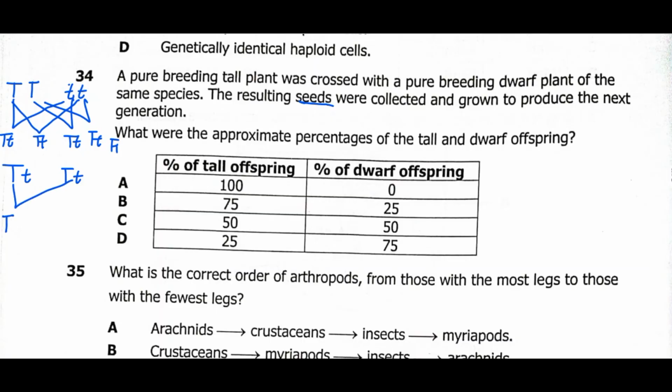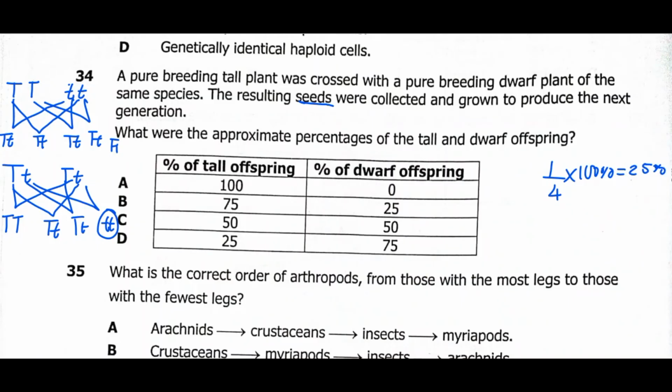Here we have pure tall, here heterozygous, here heterozygous, and here pure dwarf. For dwarf, there is only 1, so 1/4 times 100% gives 25%.